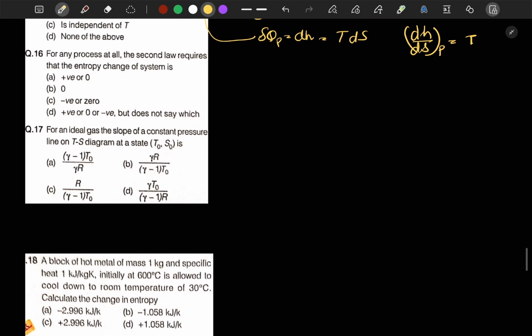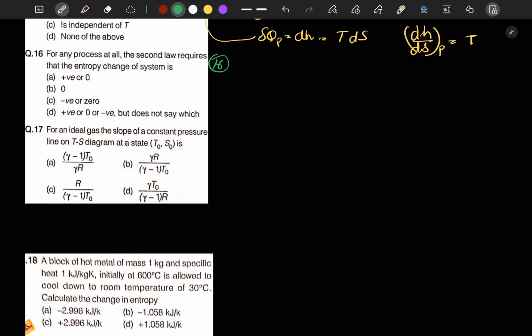Next, on moving to question number 16, it is mentioned that for any process at all, the second law requires that the entropy change of the system is. Okay, so we know that for any process del Q by T should be less than equal to 0.